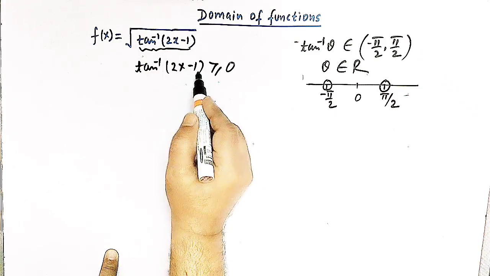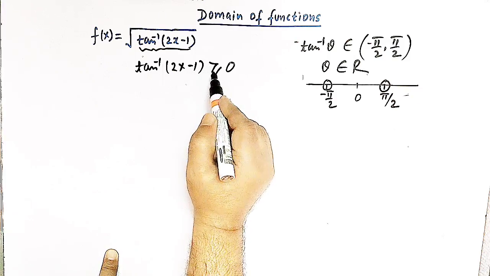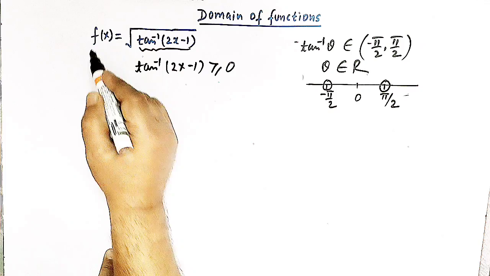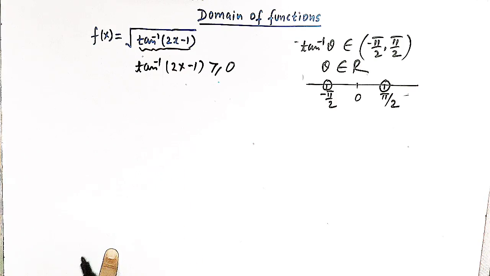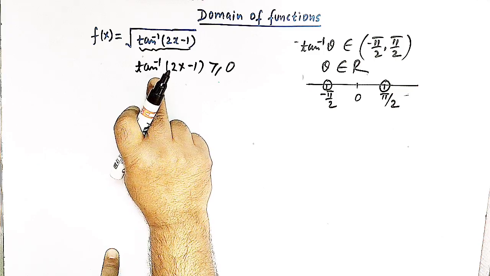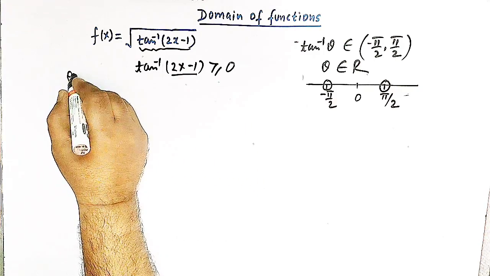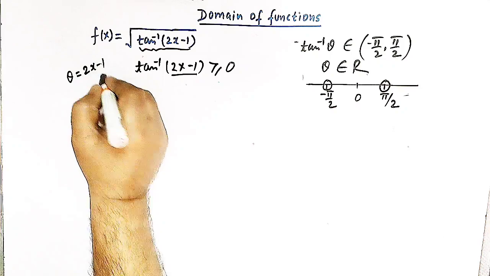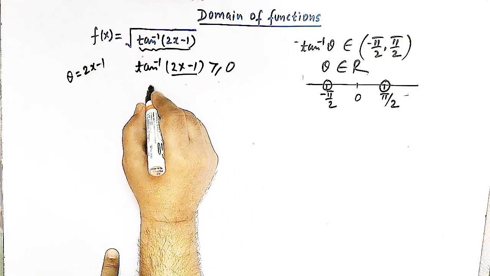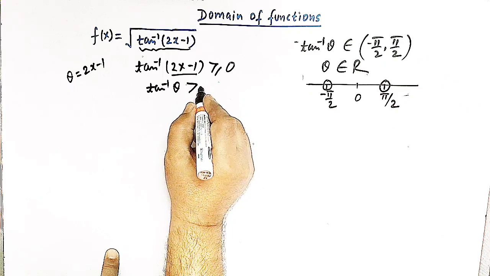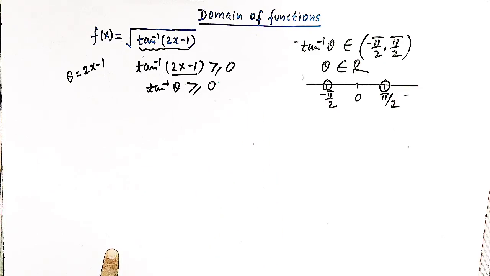So this quantity has to be positive or equal to 0, so that f of x is defined on the set of real numbers. This is the first condition. Here we can take theta equal to 2x minus 1, so tan inverse theta should be greater than or equal to 0.